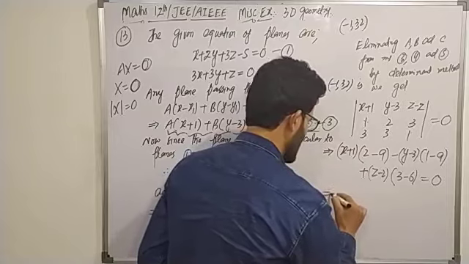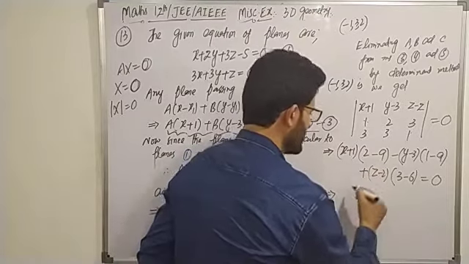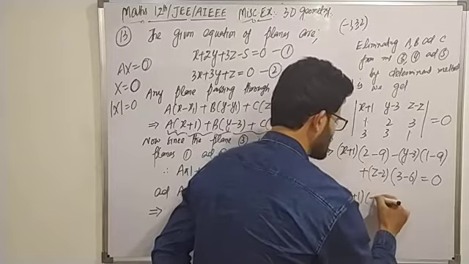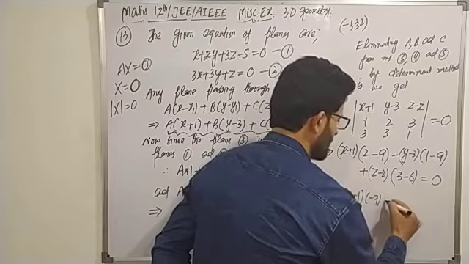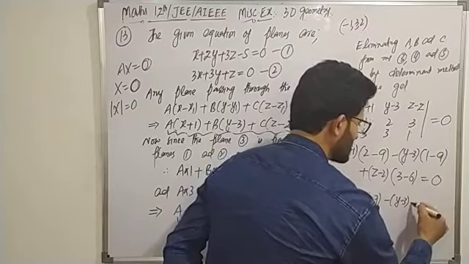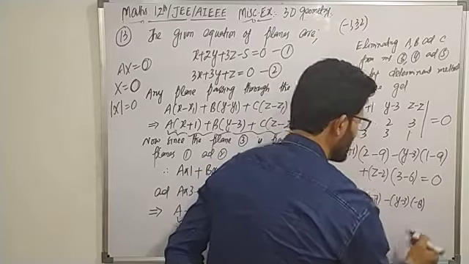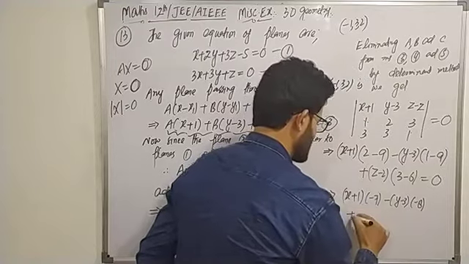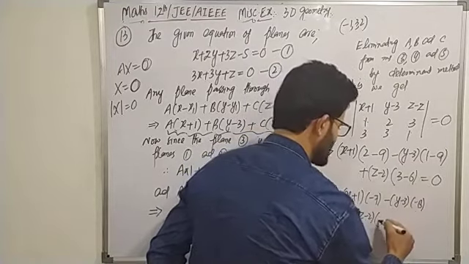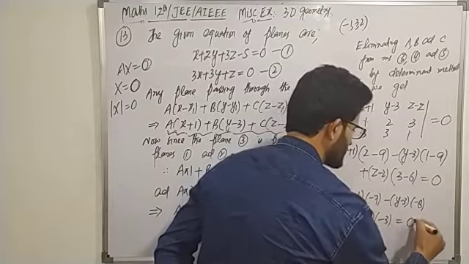Implies this can be written as x plus 1 into 2 minus 9 that is minus 7, minus y minus 3 into 1 minus 9 that's minus 8, and plus z minus 2 into 3 minus 6 that is minus 3, and that's equal to 0.